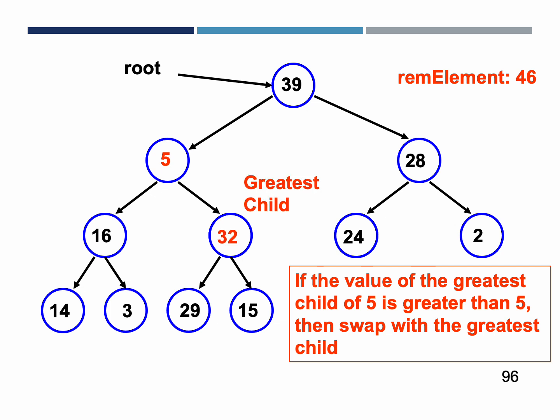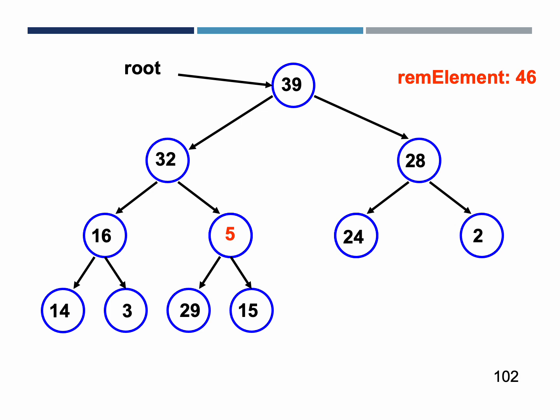So we'll compare 32 with 5 to see if it's greater or not. 32 is greater than 5, so it will swap. Okay, so here you go. Now 32 is surely greater than 5 and 16, both of its children.